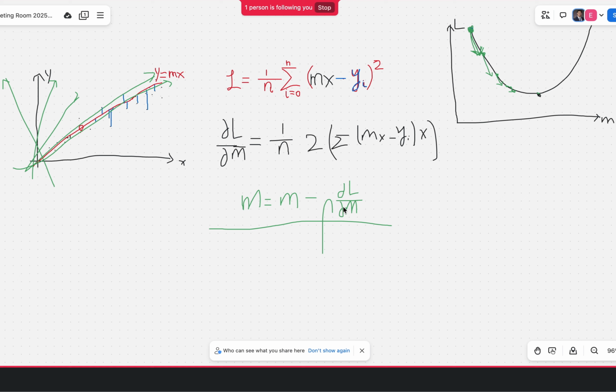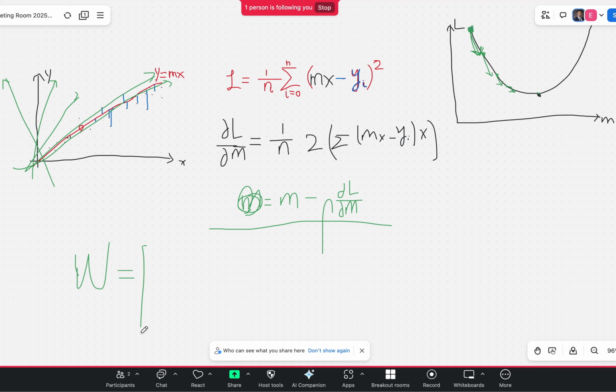Oh, yeah, thanks, man. The only difference between this and machine learning is that my M isn't M, it's a weight. The weight is a whole matrix of weights, with the number of rows matching the attributes and the number of hidden layers you want.